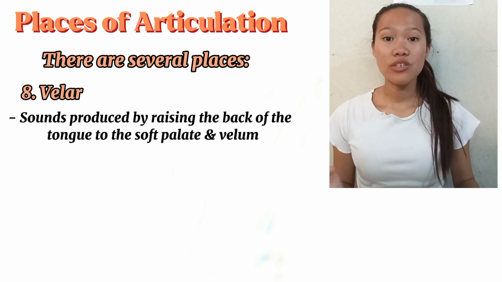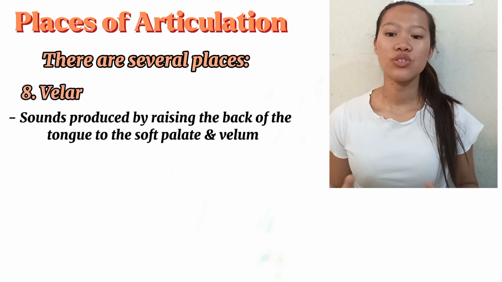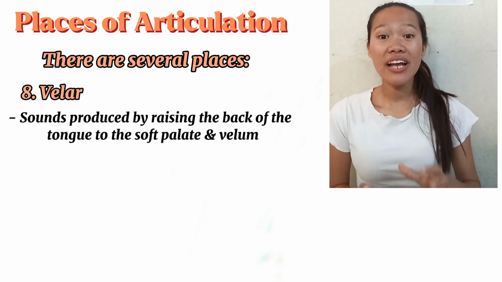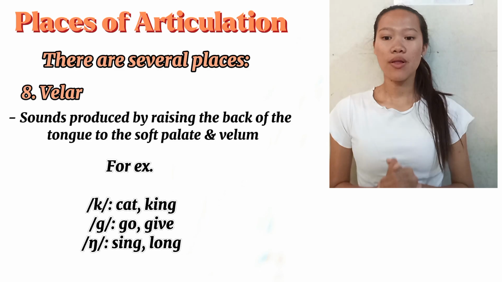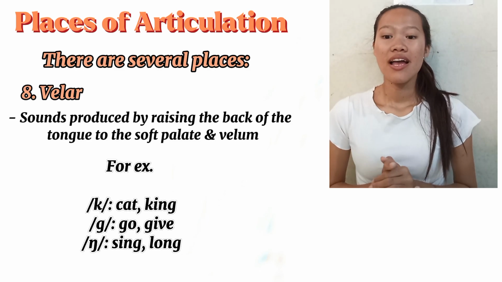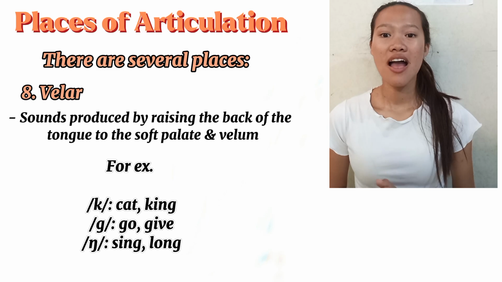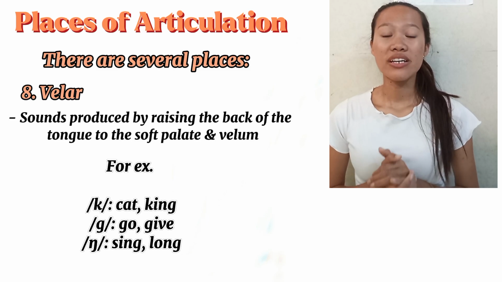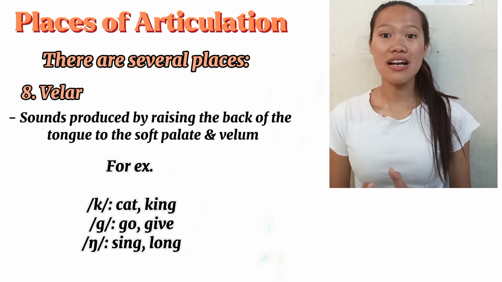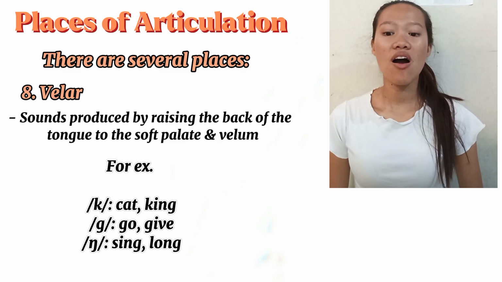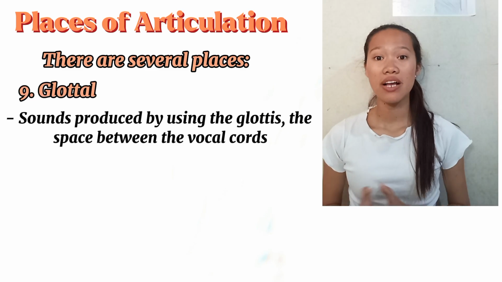So next we have velar. Sounds produced by raising the back of the tongue to the soft palate, or velum, which is hanging freely. For example, k, cat, king, g, go, give, sing, long. So next we have glottal.